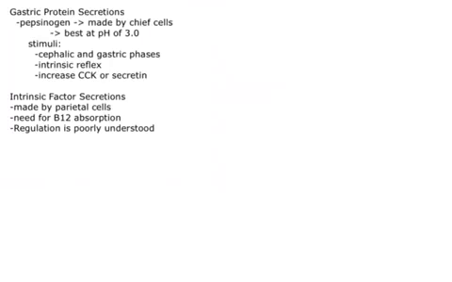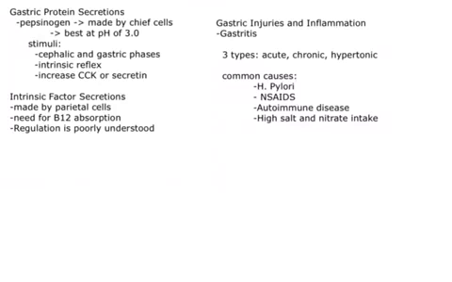So now all we have left to talk about is the gastric injuries and inflammations, which I will put up. So we have gastritis, which is all the conditions involving inflammation of the lining of the stomach. It's a broad general term for all these problems that we will be talking about. There are 3 types of gastritis.